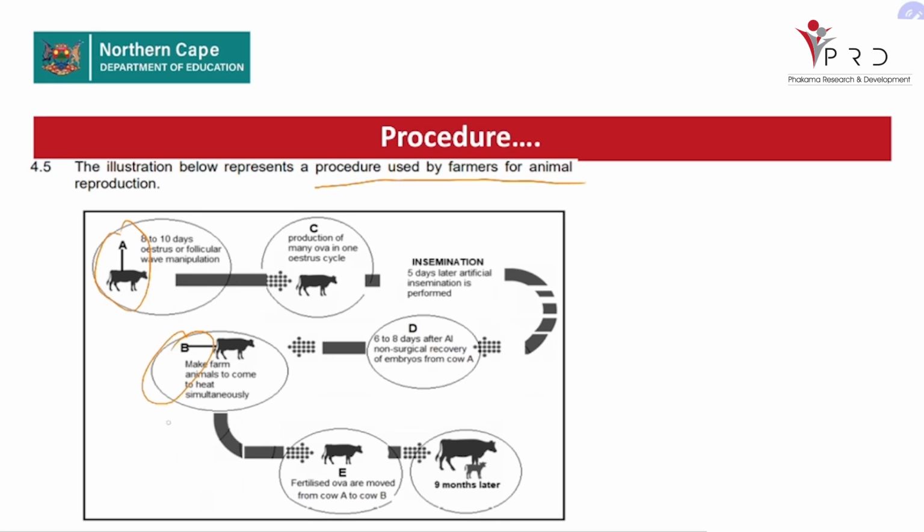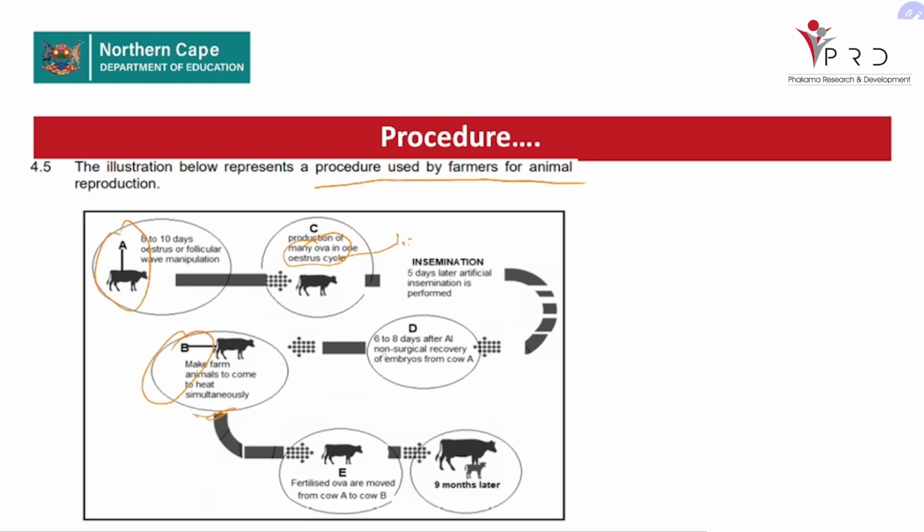And if you look at B, it makes farm animals come to heat simultaneously after something has been done on it. That's why it will go on it. The production of many ova in one oestrus. Already there is a process that you need to know there. Then you look at 6 to 8 days after AI, non-surgical recovery of embryos from the cow.